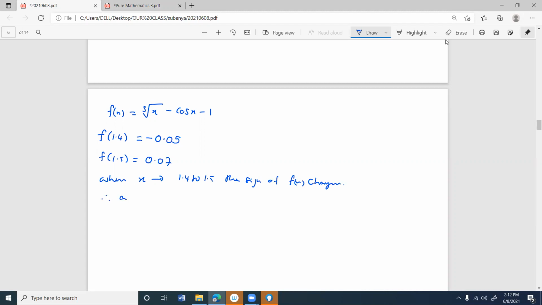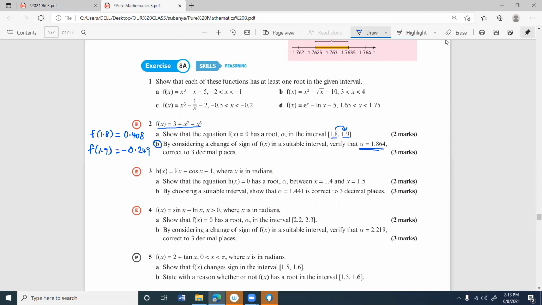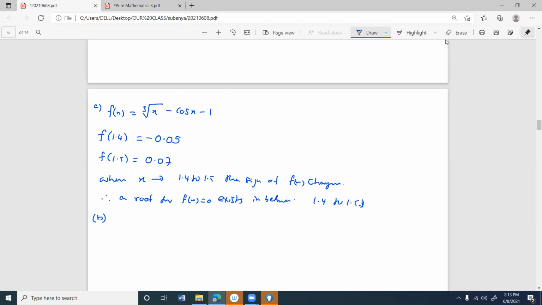Therefore, a root for f(x) equals 0 exists in between 1.4 and 1.5. That's a way of writing the answer for part A.